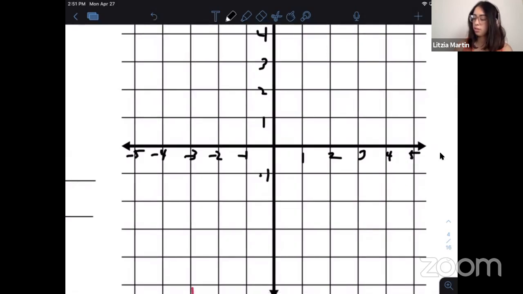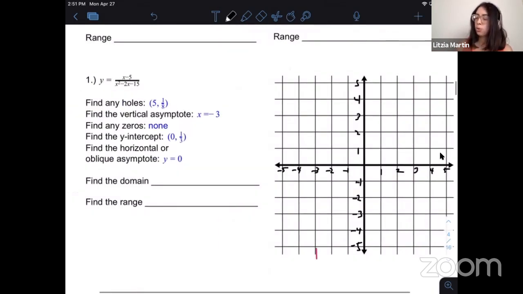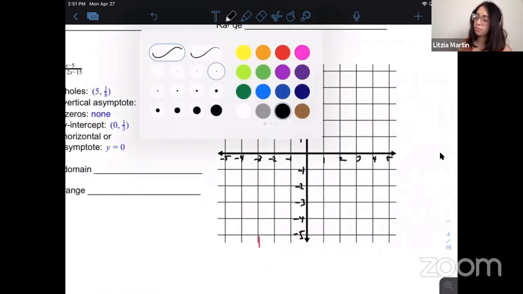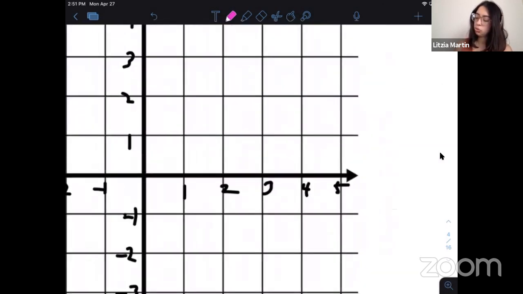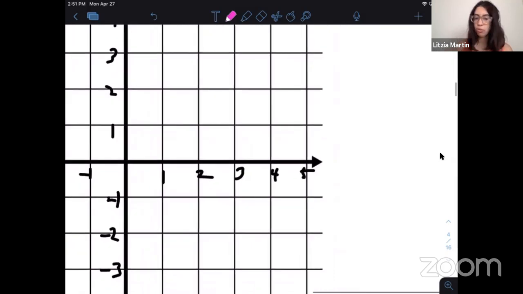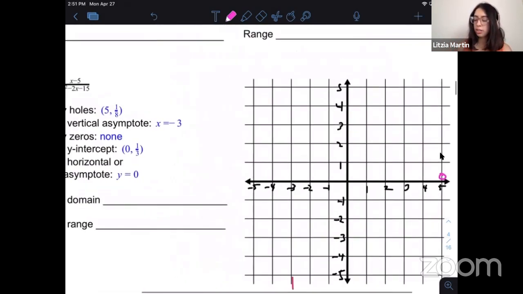Just doing that all the way through. Okay. And we have our hole at (5, 1/8). So I'll start with that. Ooh, 1/8, I'm going to have to do a really rough estimate here and say that it's right about there. Okay, so there's (5, 1/8). There's my hole.